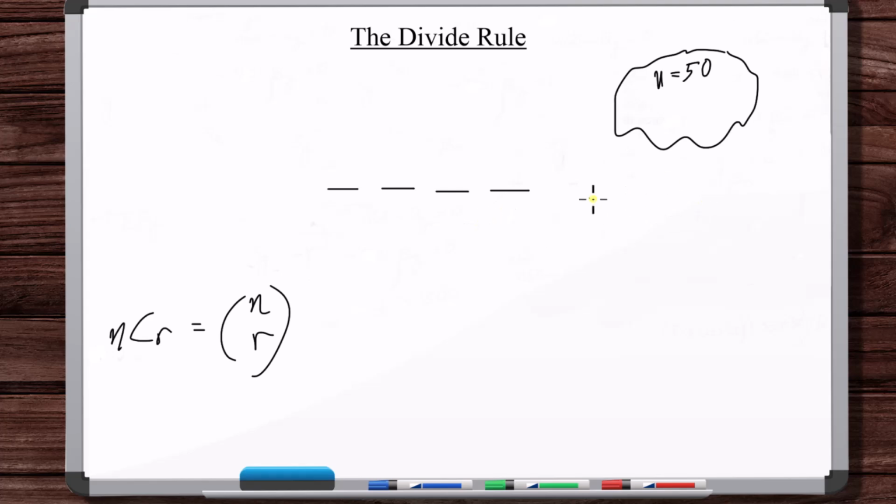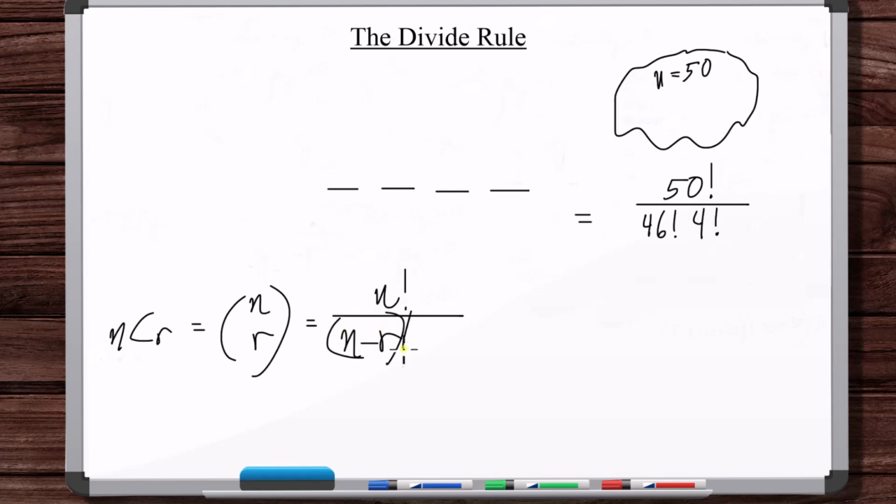So the result here would be you do 50 factorial divided by 46 factorial, and now you have the number of permutations, but then you divide out 4 factorial. And now you have the number of combinations. That's what you're looking for. So this formula then is n factorial over n minus r factorial times r factorial.